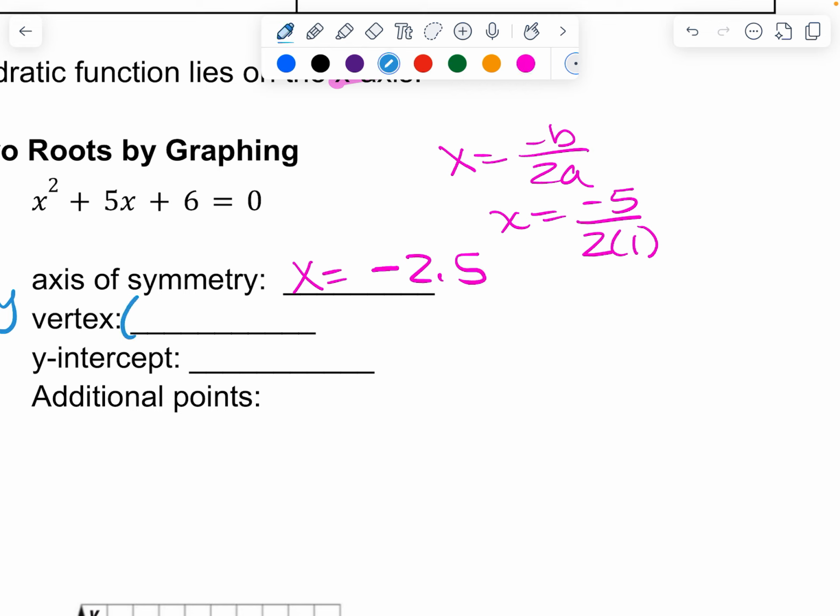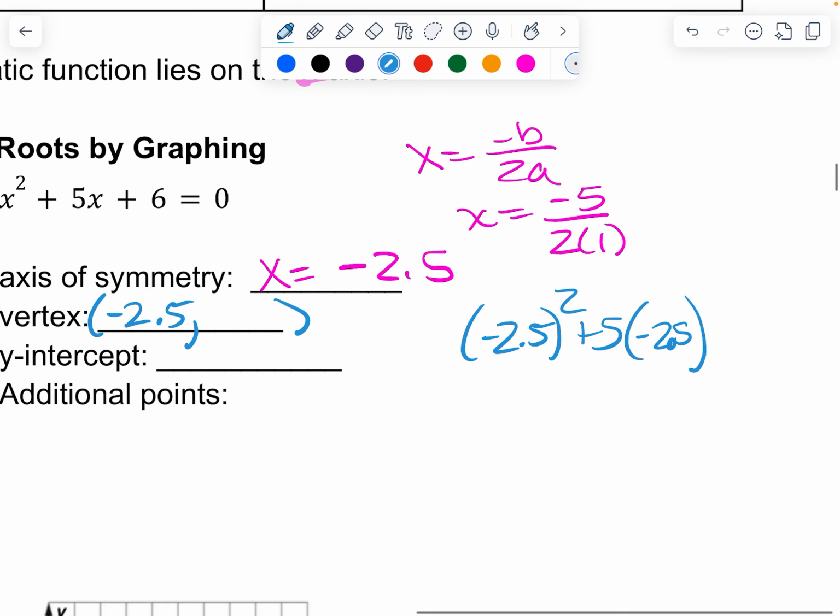So my vertex is negative 2.5, comma, and we have to find that out. So negative 2.5 squared plus 5 times negative 2.5, plus 6 equals y.